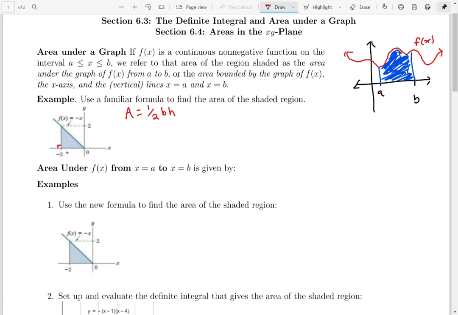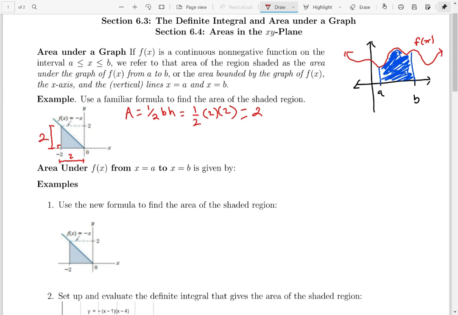And so the base here is the distance between 0 and -2, but that's a distance of 2. And the height here is between 0 and 2, and that's also a distance of 2. And so if I want to find this area, that is 1/2 of 2 times 2, or 1/2 of 4, which is just 2. And so I claim that the area of this triangle should be 2 if everything is what we expect it to be.